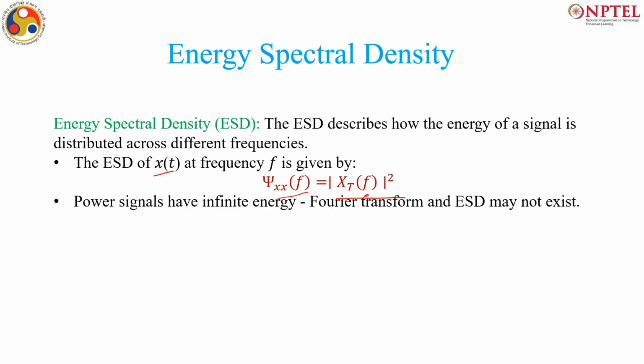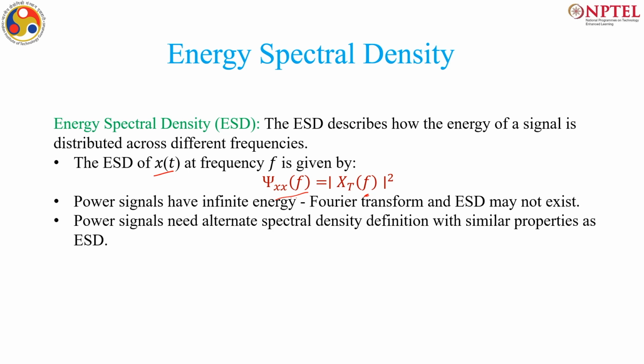Power signals have infinite energy, as already discussed. So, the Fourier transform and the energy spectral density may not exist for a power signal. It may exist also, but the problem is how do we get such information? For this, we need an alternate spectral density definition with similar properties to the energy spectral density, and here comes the power spectral density to the rescue.